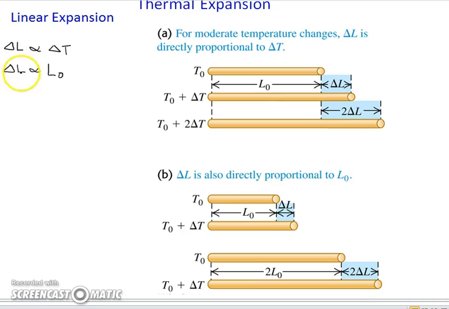So if I combine these two observations, we can say delta L is proportional to L naught, the original length, and the change in temperature.